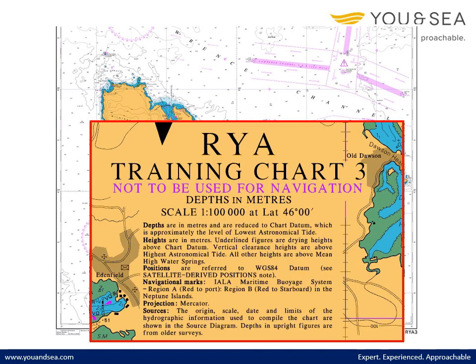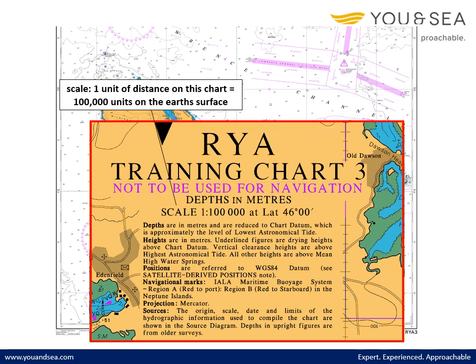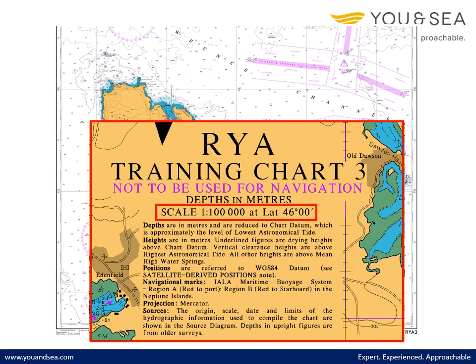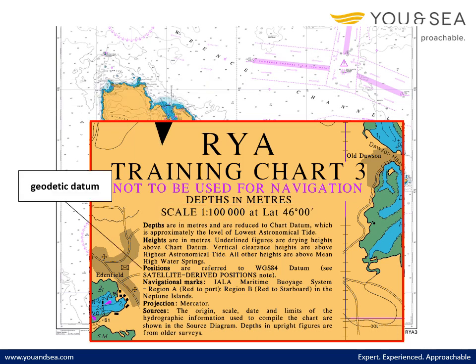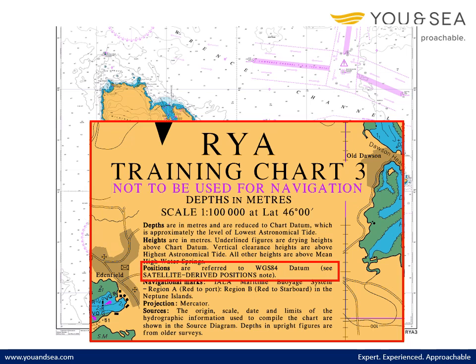Most large-scale charts will come with a text box, and this one tells us the chart title. It tells us the scale. It gives us the geodetic datum. It gives us the chart projection.